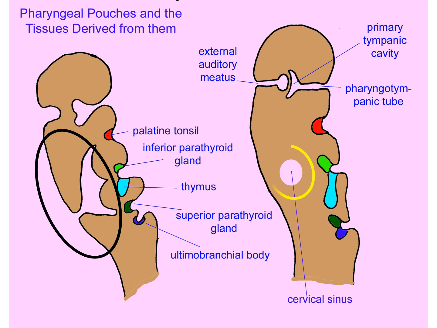When this single opening closes, it creates a cyst, and this explains the cysts we saw in the necks of people in the first few slides.